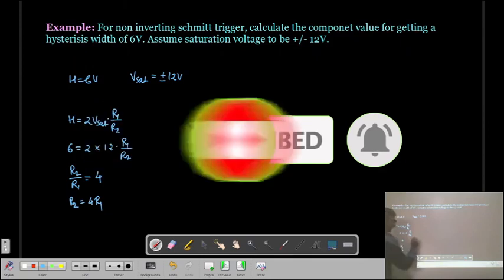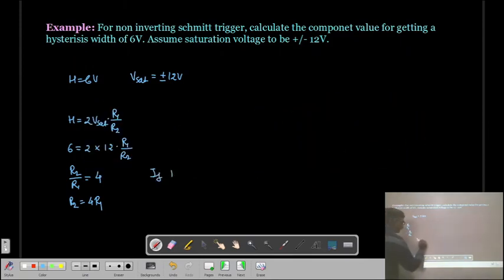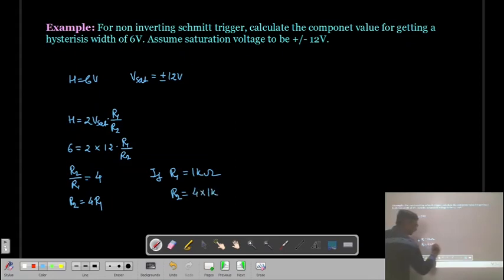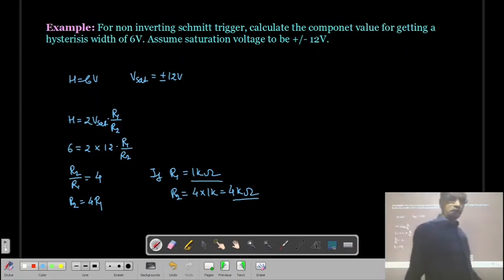Simply, if R1 is equal to 1 kilo ohm, then R2 will be equal to 4 into 1 k, equal to 4 kilo ohm. It is a simple example: if you know the formula, you can easily solve this problem.